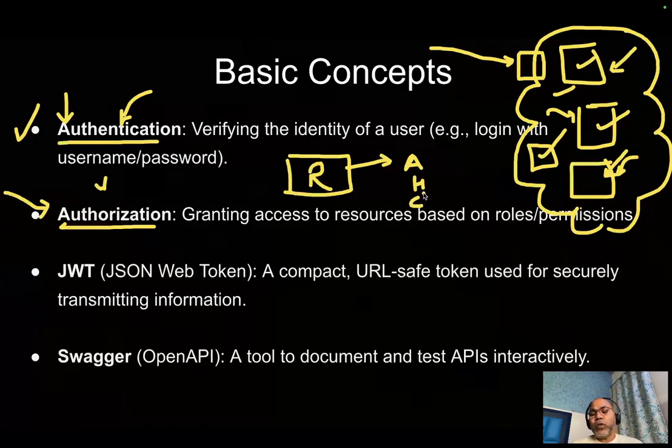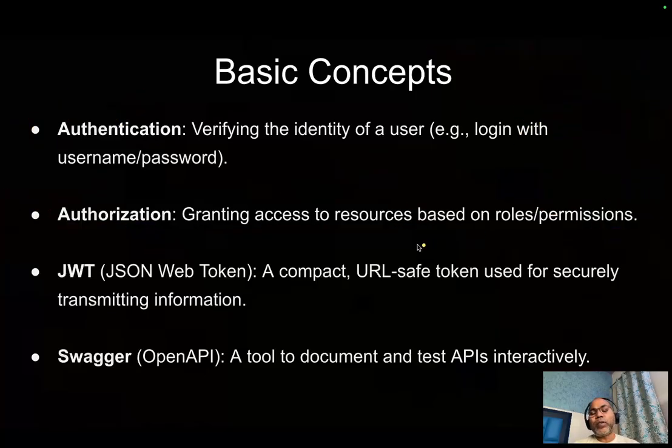According to your authority, according to your roles, the particular departments are allowed or not allowed to be accessed. Authorization is going to work and check what your role is in this organization, granting access to the resources based on your roles and permissions.